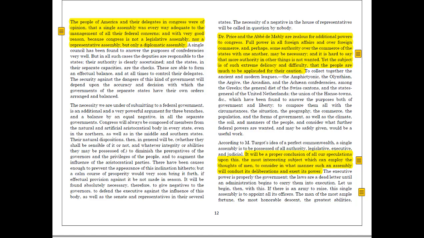What the final pages here describe, again, is this descent into civil war. This is now the third time Adams has described this process. He says at the bottom of the right-hand column of 12 in the highlighted passage, it will be a proper conclusion of all our speculations upon this, the most interesting subject which can employ the thoughts of men, to consider in what manner such an assembly will conduct its deliberations and exert its power.